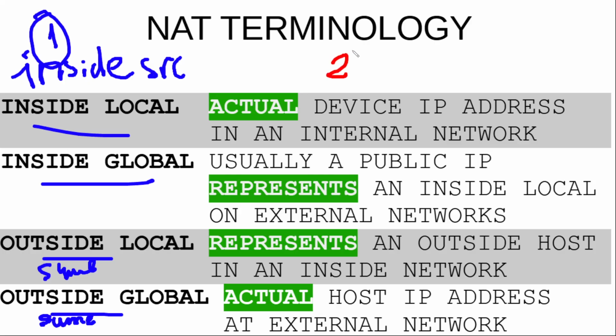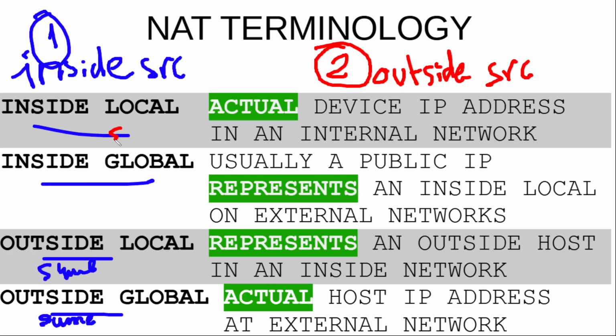But if you went for option 2 of NAT, that means outside source, then the inside local will usually be the same as the inside global, and you will actually be changing outside local and outside global.